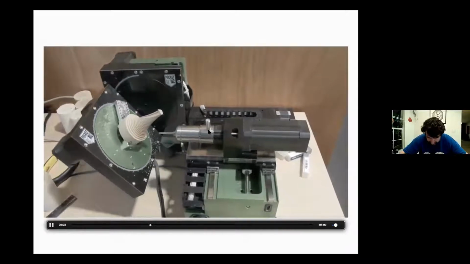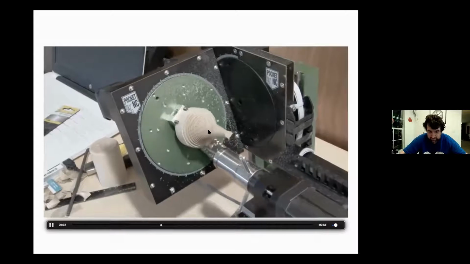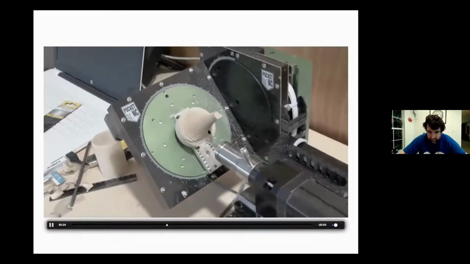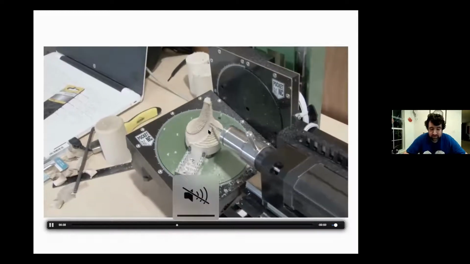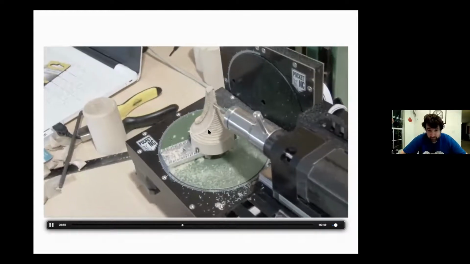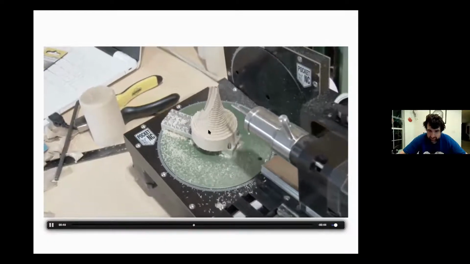Whereas this machine, and you see it makes this delightful singing as it goes, you just break the bit. It's very hard to do any serious damage.